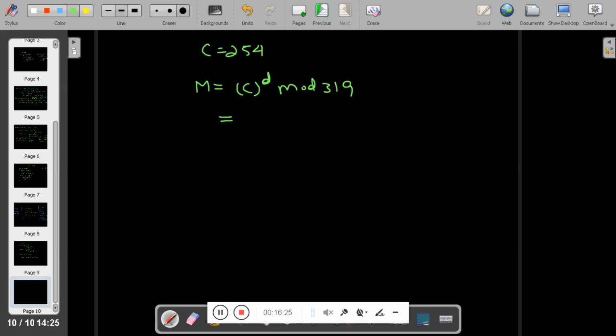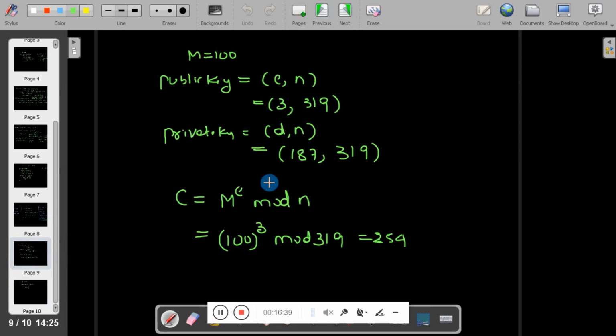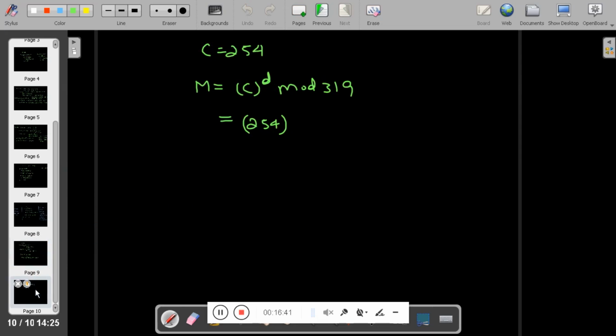So in our case, C is 254 raised to power D. Let me go to the previous page. D is nothing but 187. So this is a very big number, and to solve it I will use another method.